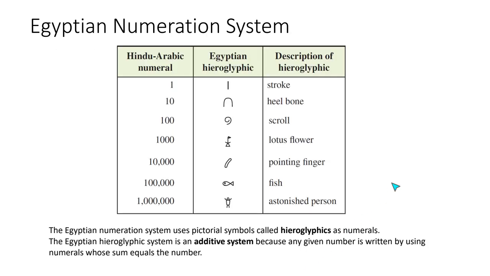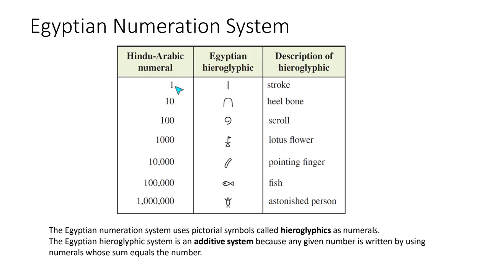The first system we're going to look at is the Egyptian numeration system. The Egyptian system is what we consider an additive system, because any given number written using those numerals will equal that number. These are the symbols that the Egyptians used, and these are the names given to these symbols.